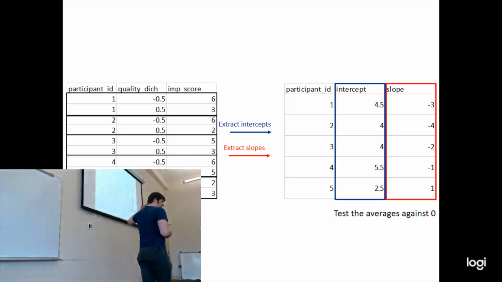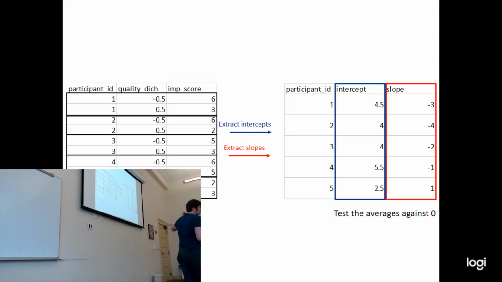Like I said at the beginning of this lecture and on Monday, you can think about analyzing repeated measures data as fitting little miniature models, little miniature regressions across different subsets of the data. So you have one subset per reviewer, or per unit that has repeated measures.